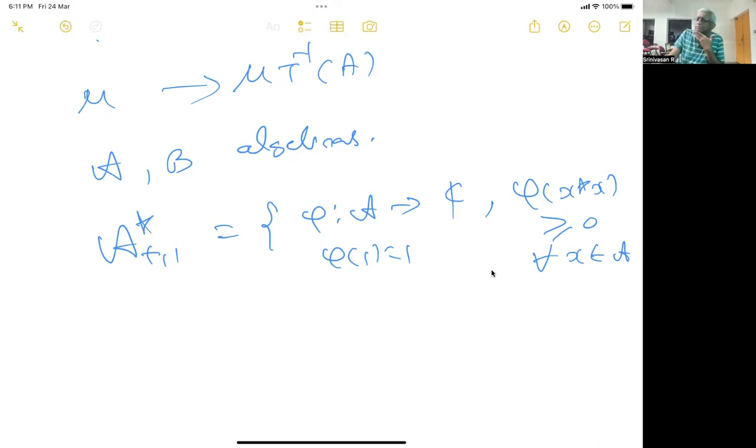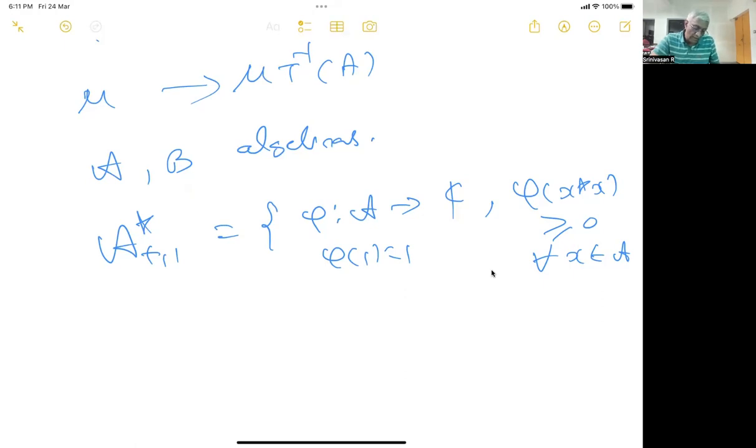We considered the unit interval and showed that it maps into the unit interval. Here also the same thing will work: if it is bounded by some norm, then the range will also be bounded.